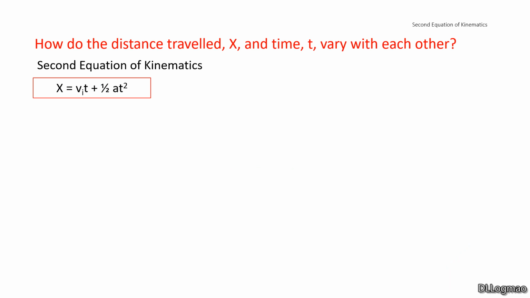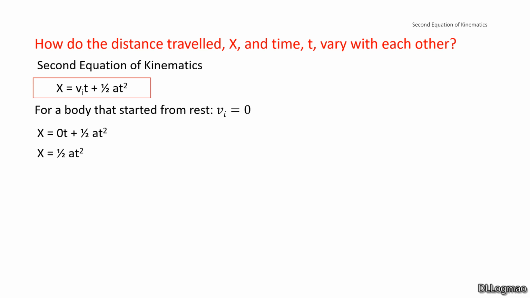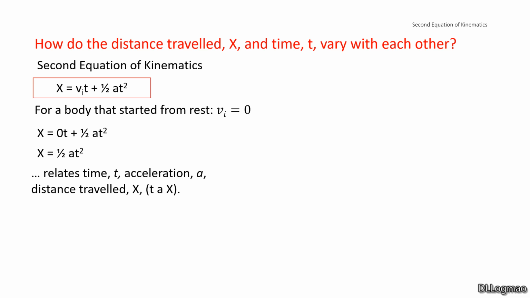For a body that started from rest, the initial velocity is 0. The distance traveled x equals 1/2 a times t squared. This equation relates time, acceleration, and distance traveled: t, a, x.